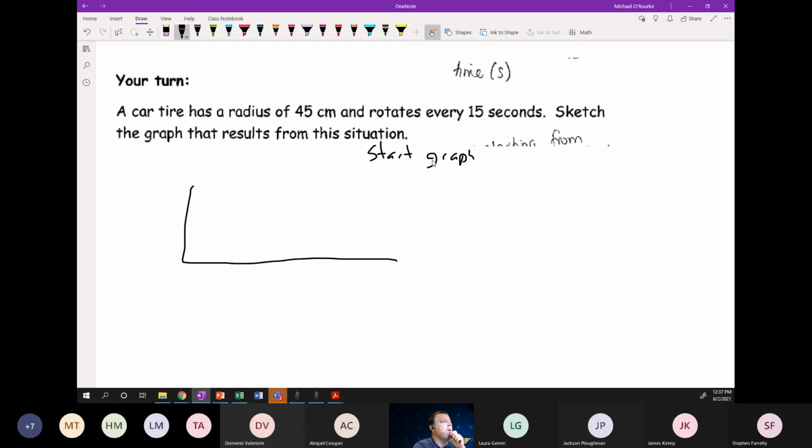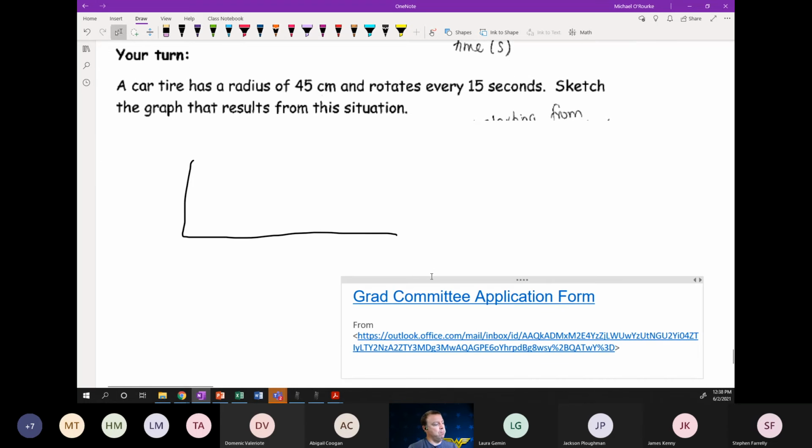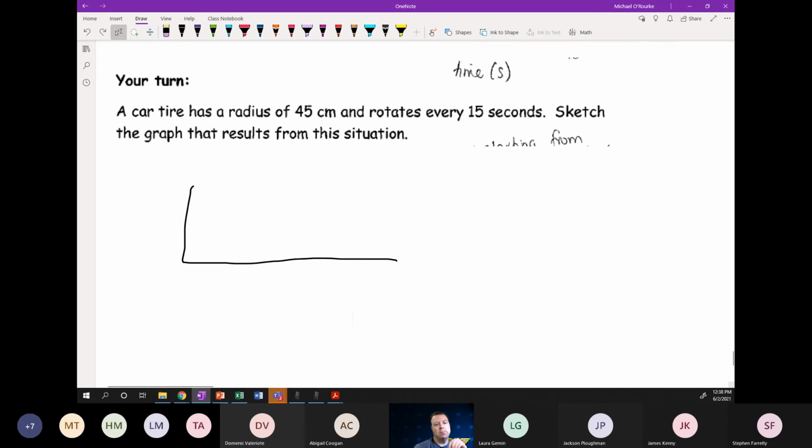I'll see what you guys come up with. I'll give you 3 minutes to plug away at this. Put a D in chat if you're all done and you think you have a good graph.